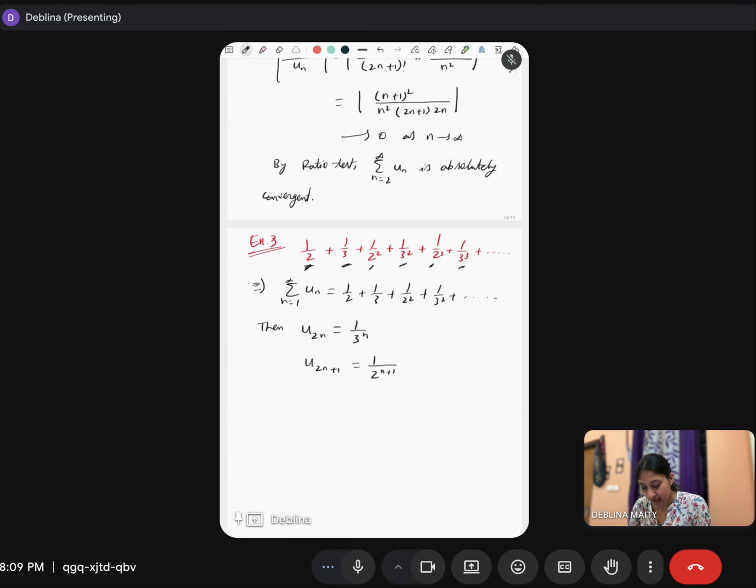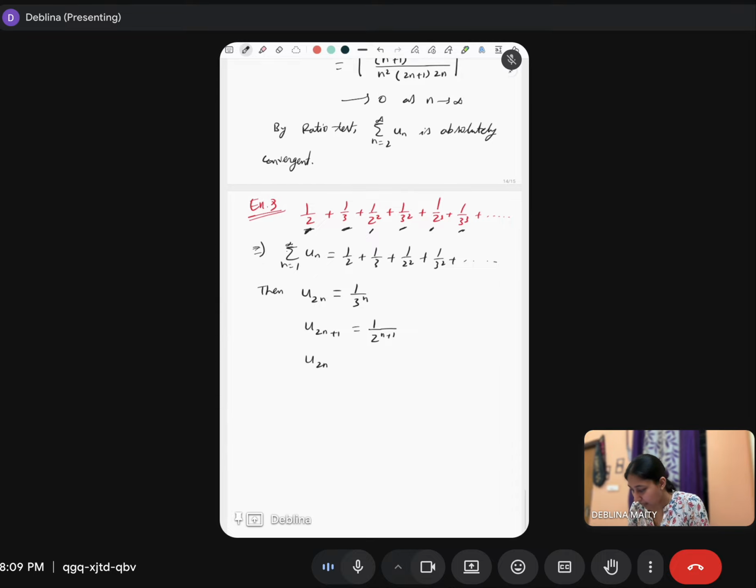And u2n minus 1 means it starts from n equals 1. So when n equals 1, it is u1, which is 1 by 2, so this is 1 by 2 to the power n.